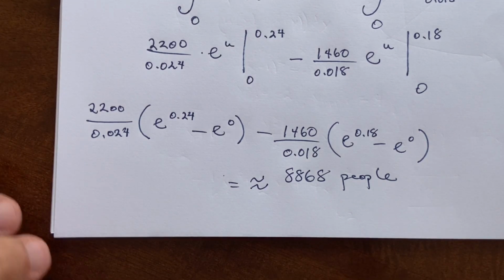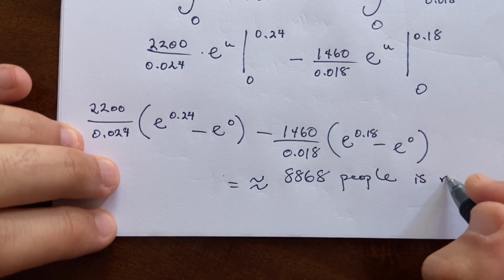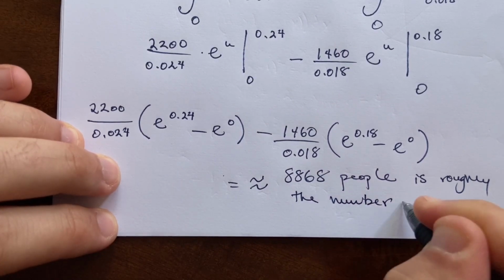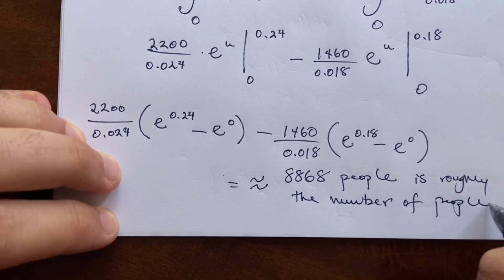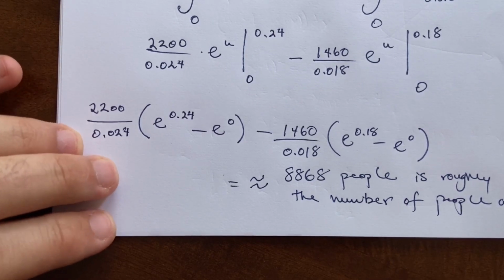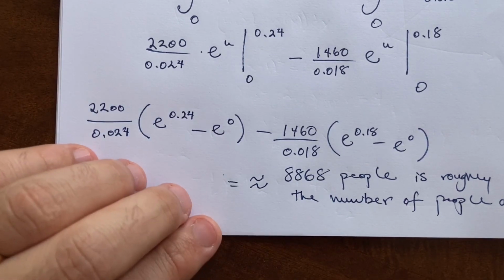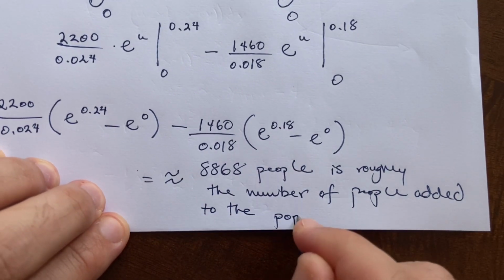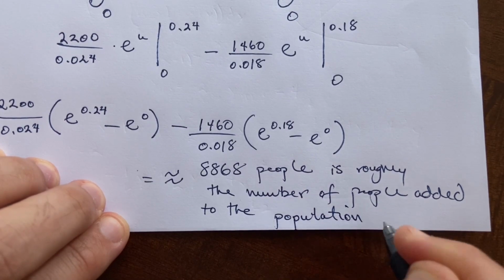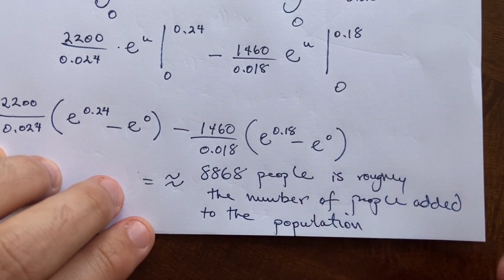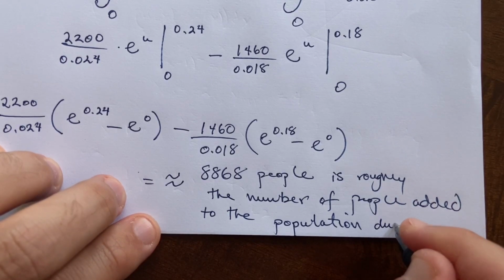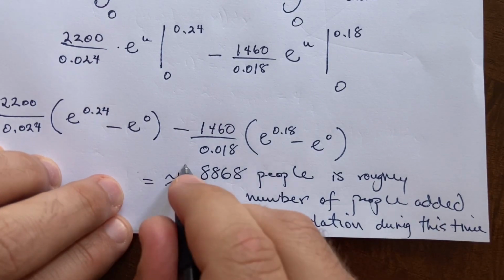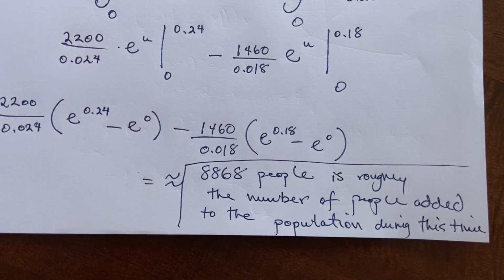So this is roughly the number of people added to the population during this time. Okay, so we were supposed to interpret it.